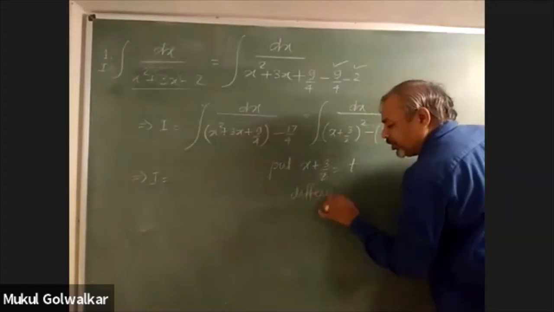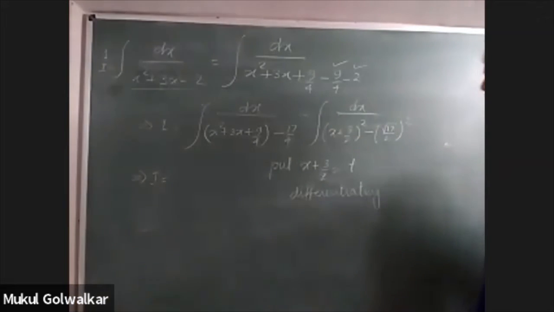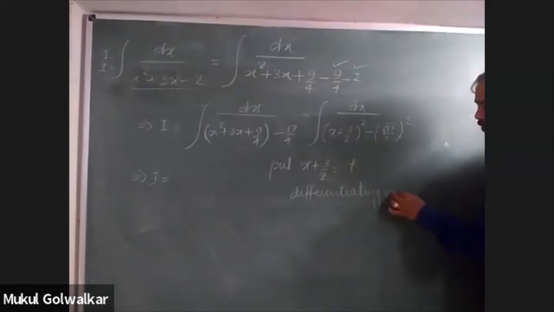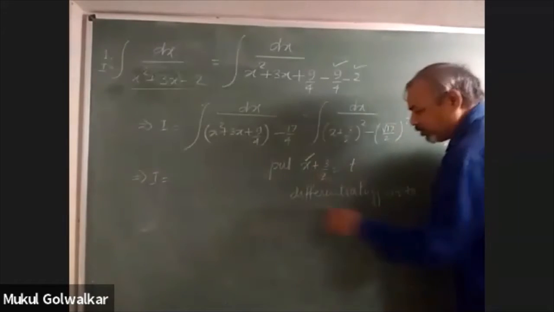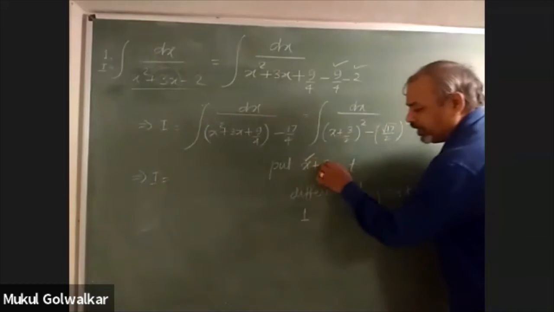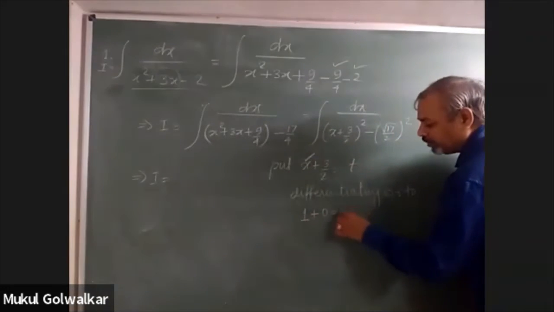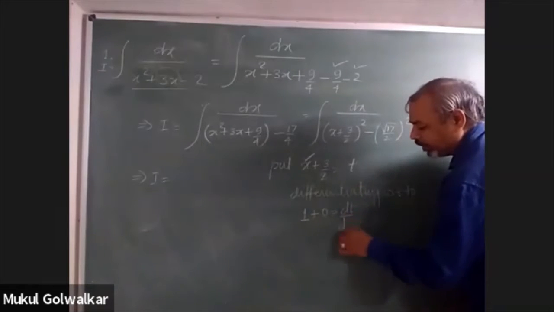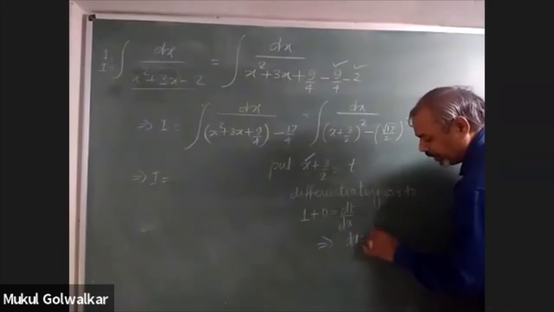These basic concepts we have already studied in the last couple of classes. So differentiating with respect to x, the derivative of x with respect to x will be equal to 1, the derivative of 3 by 2 is equal to 0, and the derivative of t with respect to x will be written as dt upon dx. With the help of this, we can write dx is equal to dt.